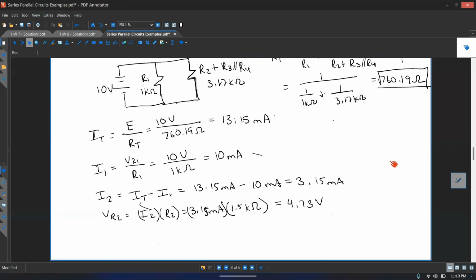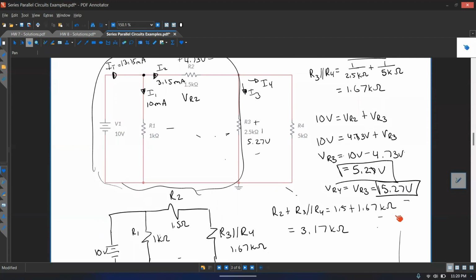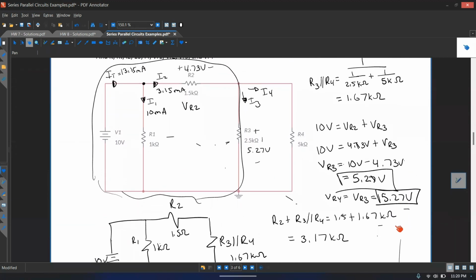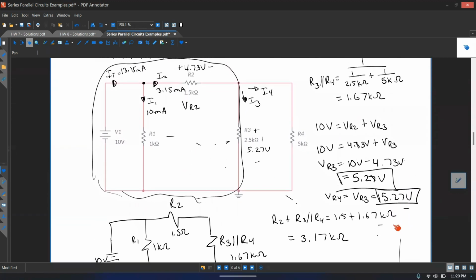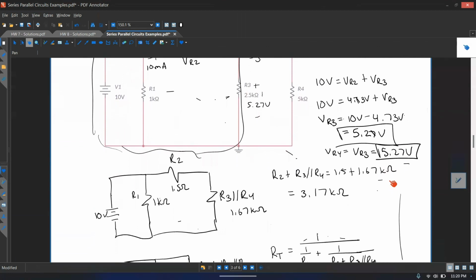Therefore, we can solve for the currents through each of those branches by using Ohm's law, because we know the voltage, we know the resistance, so we can just use Ohm's law to solve for the current.